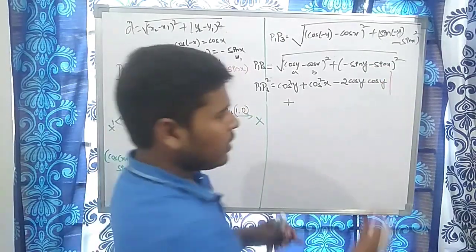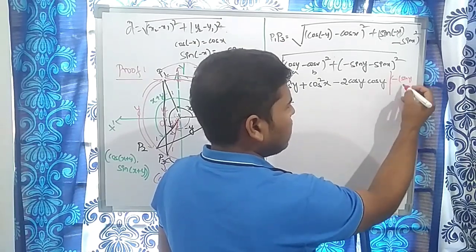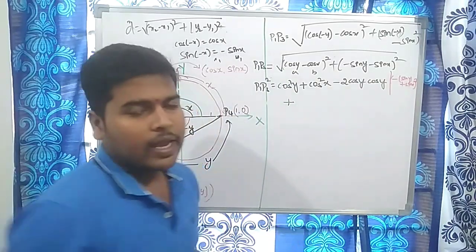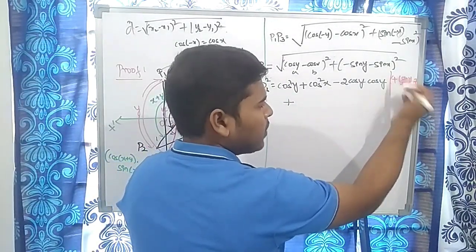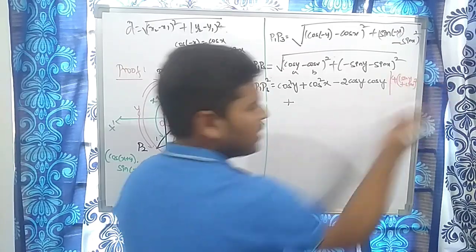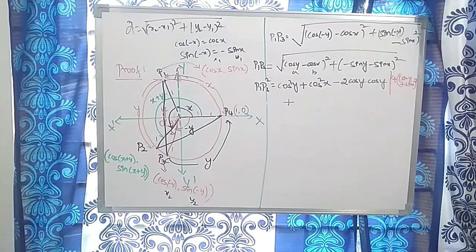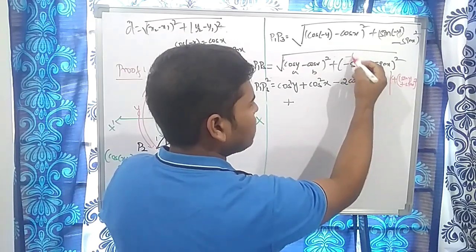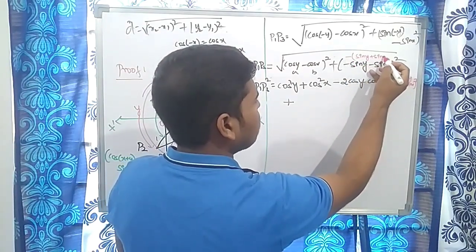That means minus of sin y plus sin x whole square. Since the square is there, minus becomes plus, that is sin y plus sin x whole square. Once again, I am repeating: minus sin y minus sin x, between these two take minus common, that is sin y plus sin x whole square.